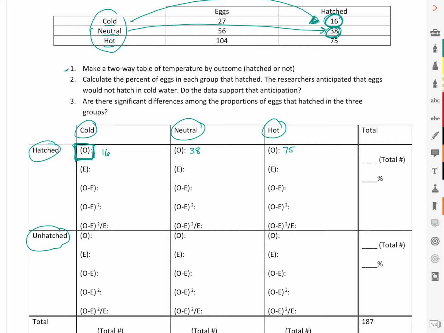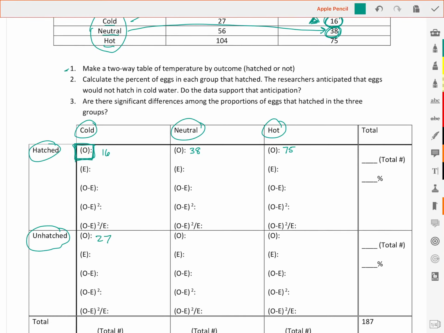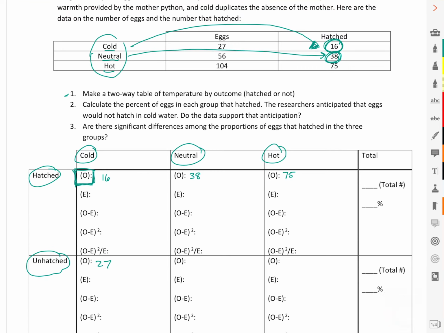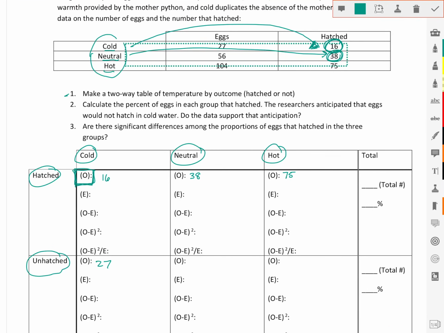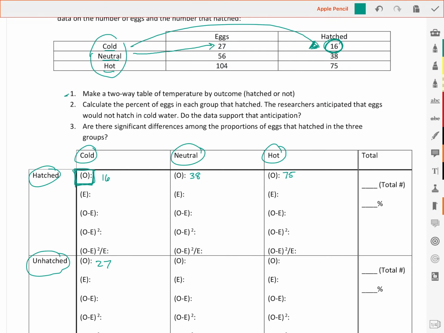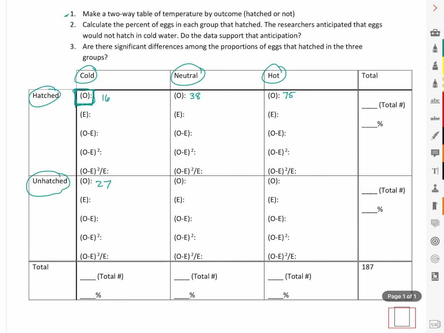Okay, what many people will do is to fill in the number 27 here, because they've looked across and they've seen, well, this is another one of those cold eggs. There's 27. But take a look at what 27 actually is. 27 is the total number of cold eggs, not the number of unhatched eggs.